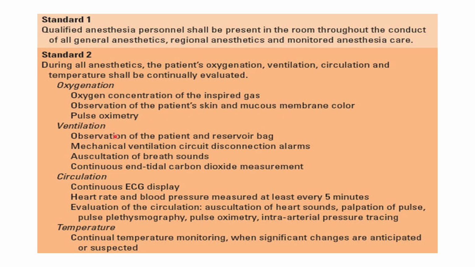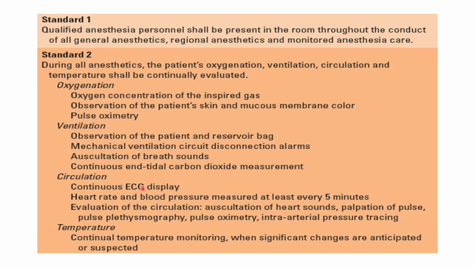Ventilation: observation of the patient and reservoir bag if the patient is on manual mode, or ventilation circuit disconnection alarm if the patient is on control mode, and auscultation of breath sounds to ensure that the tube is inside the airway and not shifted to one of the lungs, causing single lung ventilation. Also continuous end-tidal carbon dioxide measurement by capnography.